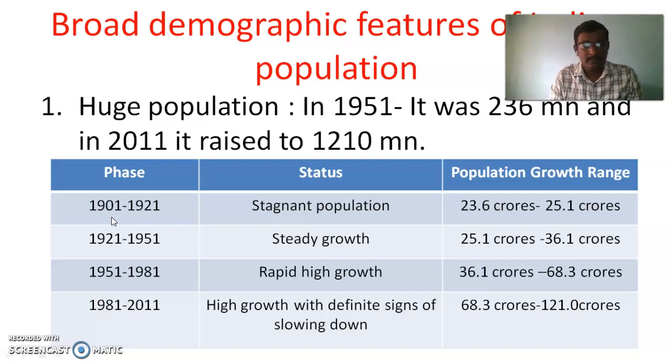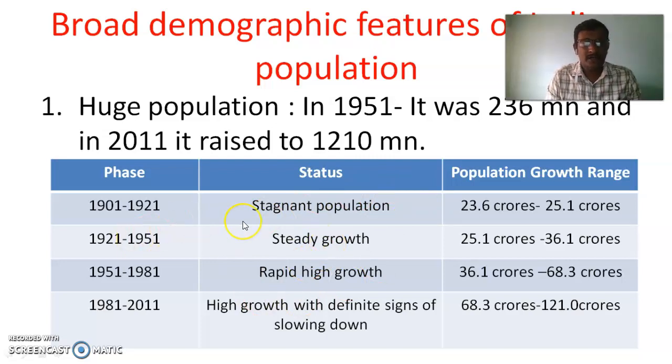We can group the rise in population through four important phases: from 1901 to 1921, from 21 to 51, from 51 to 81, and from 81 to 2011. Under these four phases, we can see different statuses of the rise in population.